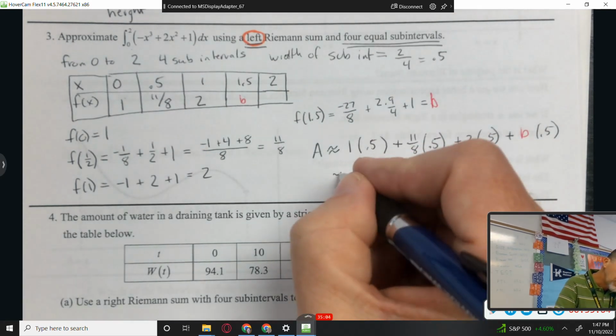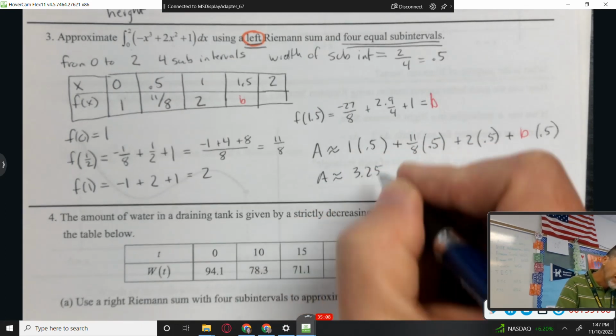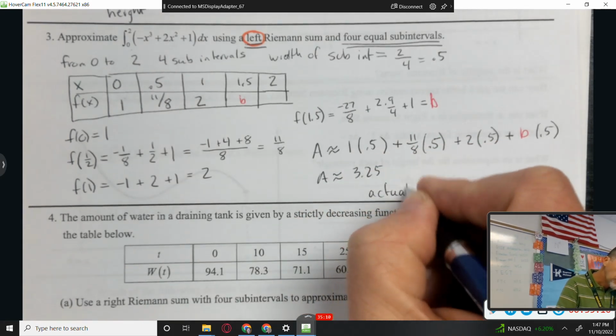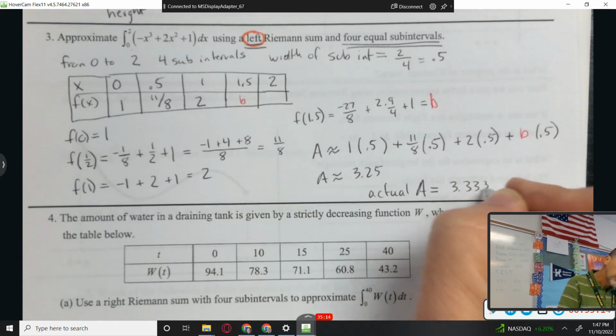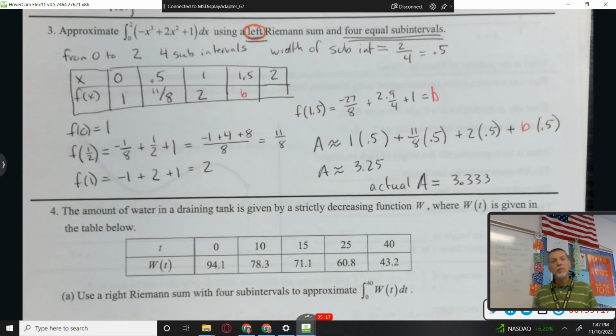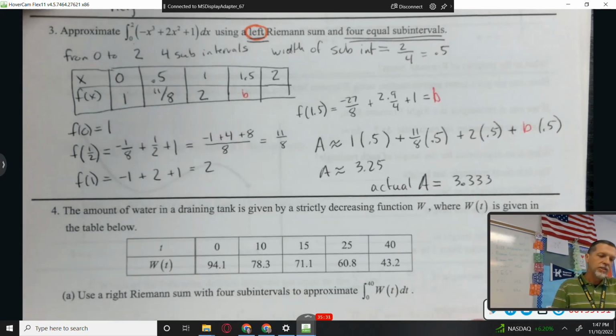Just FYI, this area is 3.25, and the actual area is 3.333. So that's pretty close with only 4 subintervals. If this was super important and we needed a more accurate answer, then maybe we build 20 subintervals or figure out how to get Excel to do 100 subintervals or whatever.